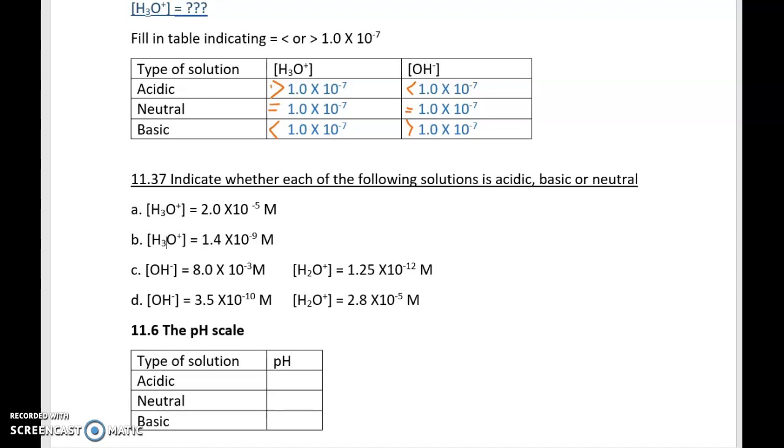This number is 1 times 10 to the minus 7th. 2 times 10 to the minus 5th is larger. Remember, a smaller exponent means a number closer to 0 and larger. So it's larger, and so we'd expect it to be acidic.